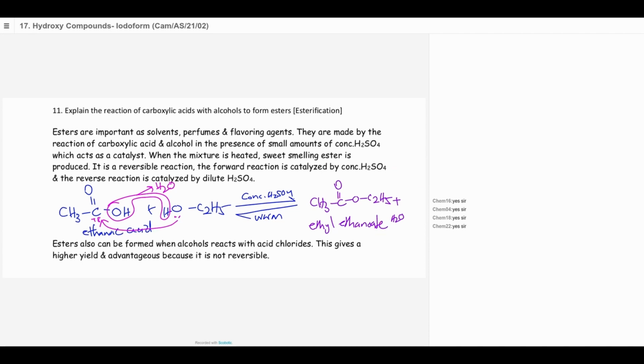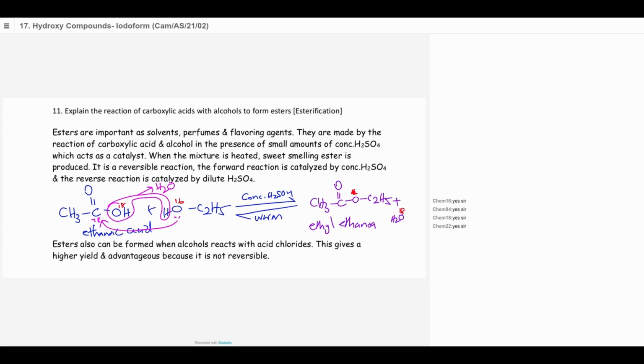Now here, the most important thing is you need to know which molecule gives oxygen to form water and which molecule gives the hydrogen. Here, the alcohol gives the hydrogen, not the acid. Generally, we know acid is a proton donor, but in this case, acid gives the OH and the alcohol gives the H. So if I label the oxygen of the alcohol as O16 and the oxygen of the carboxylic acid as O18, the O16 oxygen will be in the ester and the O18 will be in the water, right?